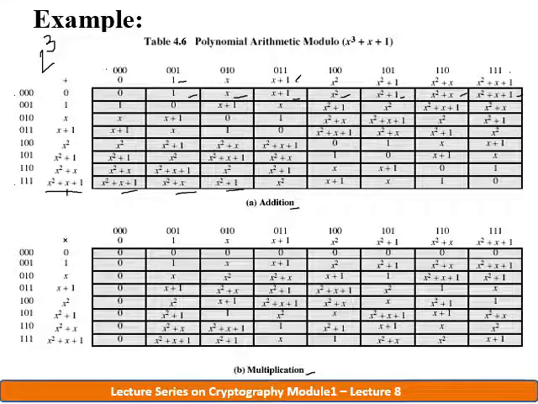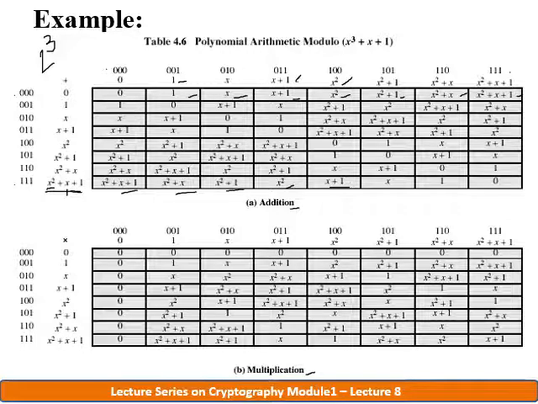When I XOR those values, I am left with x square. So that is what I am getting here. The next one is x square plus x plus 1 XORed with x square. Then I am left with x plus 1.